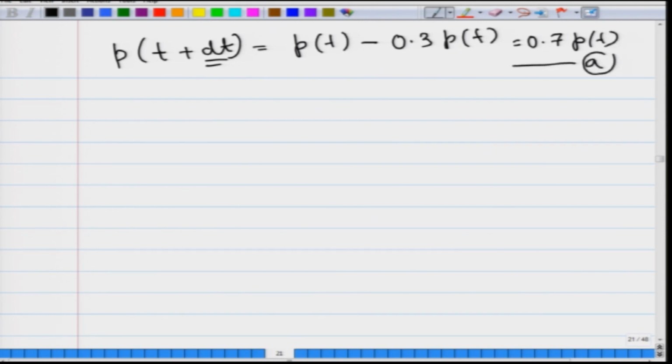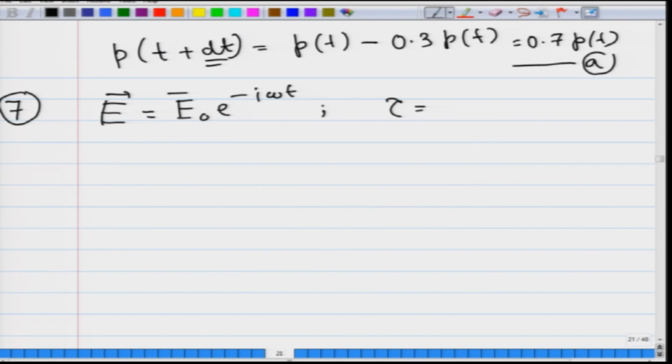Now, moving to the next problem, question number 7. A metal is subjected to an electric field. The electric field is given as E naught e to the power minus i omega t, and relaxation time is given as tau. What will be the form of v?